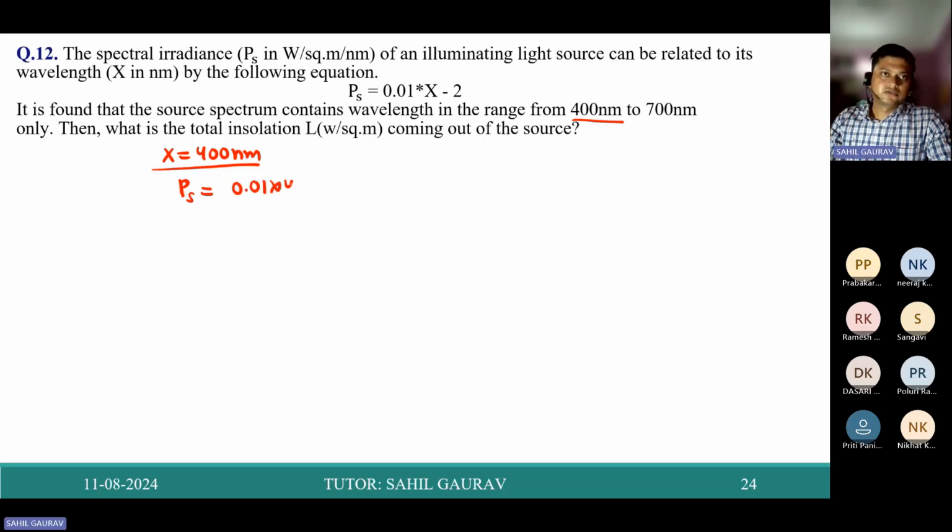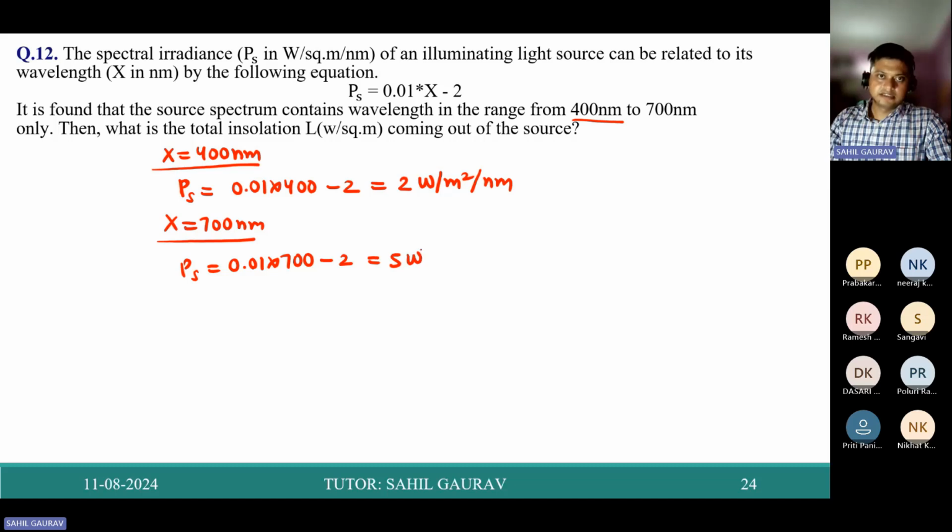PS is 0.01 into 400 nanometer minus 2, so it is 2 watt per meter square per nanometer. For lambda equal to 700 nanometer, PS will come as 0.01 into 700 minus 2, which is 5 watt per meter square per nanometer.